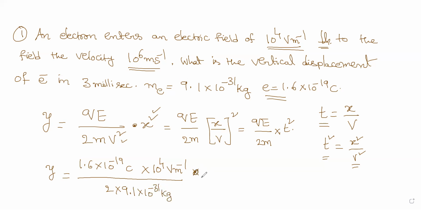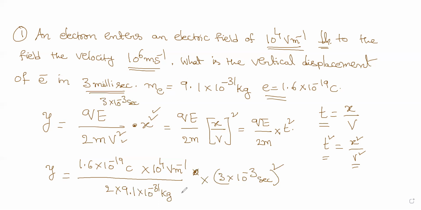It is multiplied by another factor, that is the time, 3 milliseconds, that is 3 into 10 to the power of minus 3 seconds, whole square.